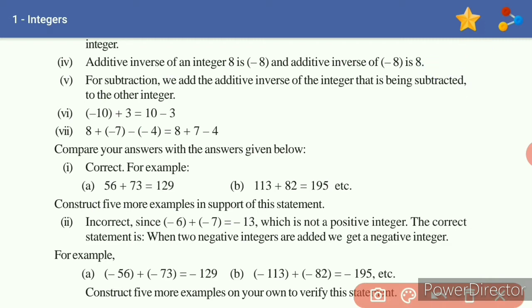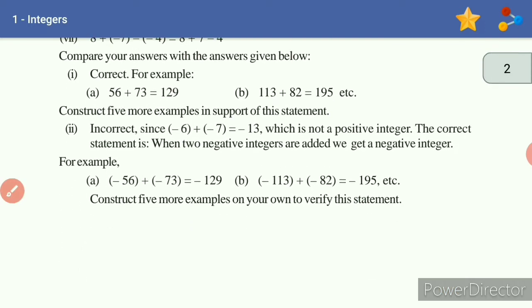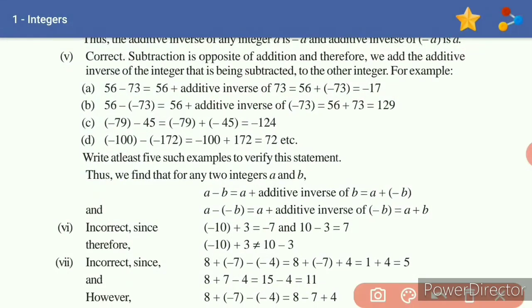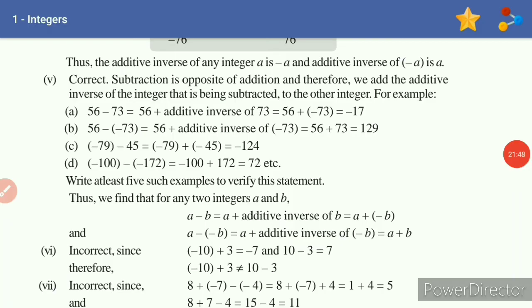Next, the fifth statement: for subtraction we add the additive inverse of the integer that is being subtracted to the other integer. Let us look at this statement. See what is written: for subtraction we add the additive inverse of an integer that is being subtracted. So what does it mean?